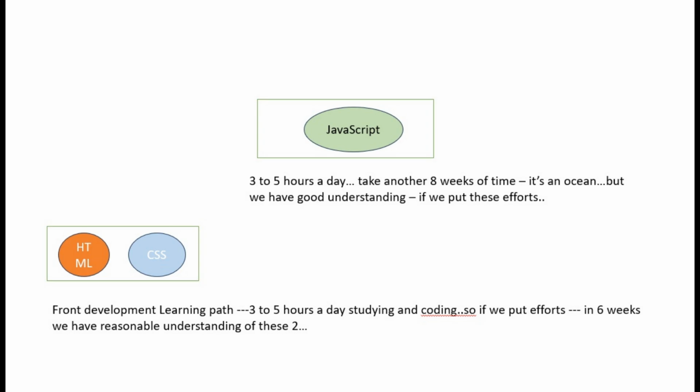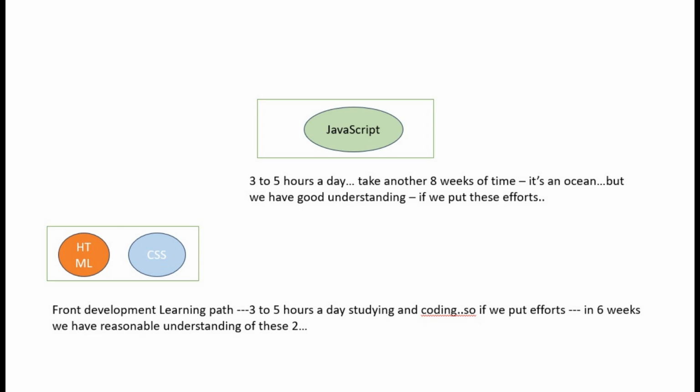For learning HTML and CSS, if we invest 3 to 5 hours a day in studying and coding, in around 6 weeks we will have a reasonable understanding and good command of these two, and we can build our websites.